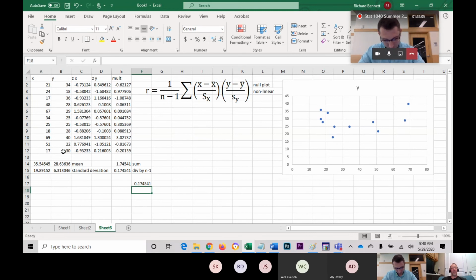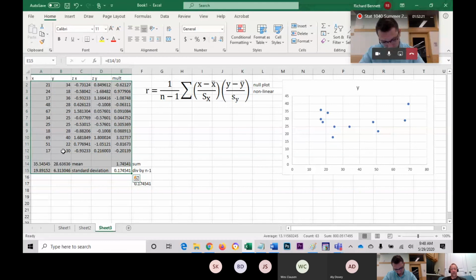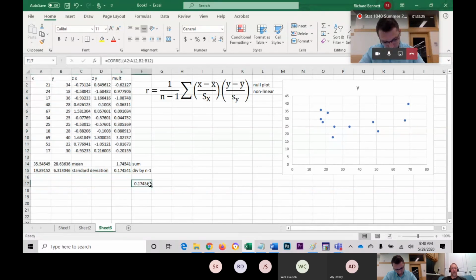And I'm certain that if you typed in correlation coefficient on your calculator and into YouTube, they would show you how to do this. But the fact of the matter is, I need to see all of these steps on your test, okay? If you want to check it and you want to make sure you have the right answer.